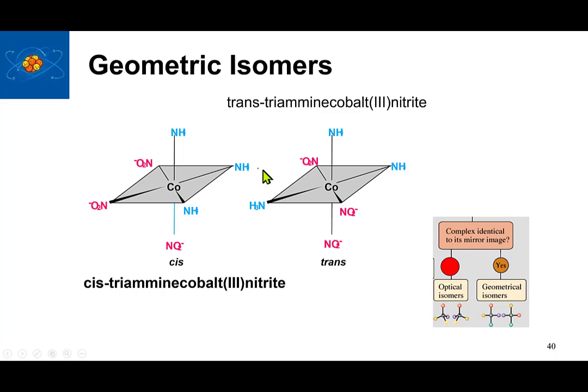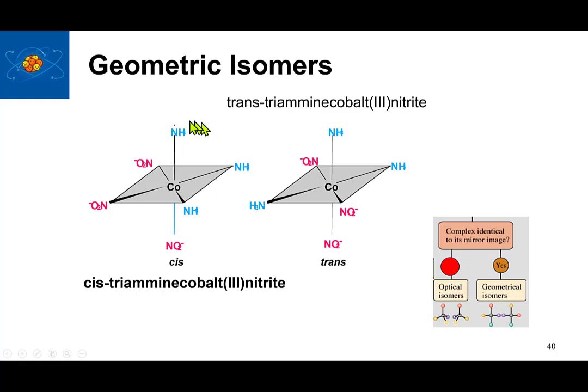It says NH3, so these are NO2 minuses. Anyways, what's happening on this one, though, is you see the NH3s are all in one plane, right? This one, the NH3s are all in two different planes. There's one going this way and one going this way, like that.